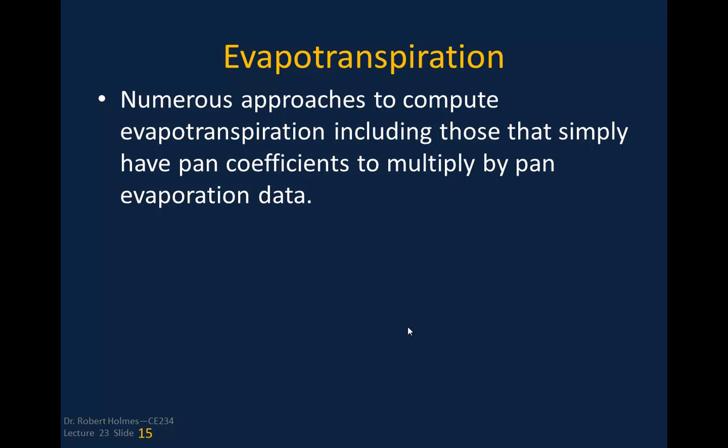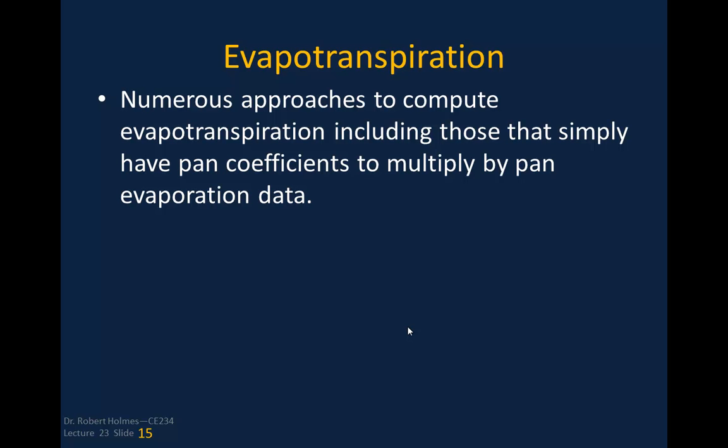There are numerous approaches to computing the evapotranspiration, but most of what I've seen simply have Pan coefficients, and you multiply by Pan evaporation data. Before, when I talked about the Pan evaporation data, you had a Pan coefficient. You got the Pan evaporation data, but that's not really what the true evaporation will be over a lake, because it's a different system.